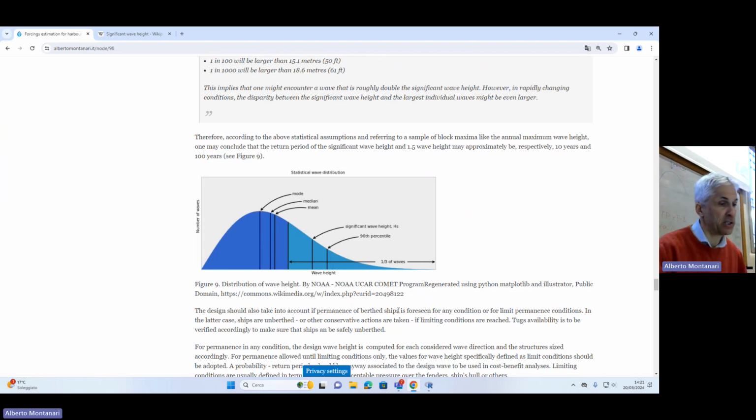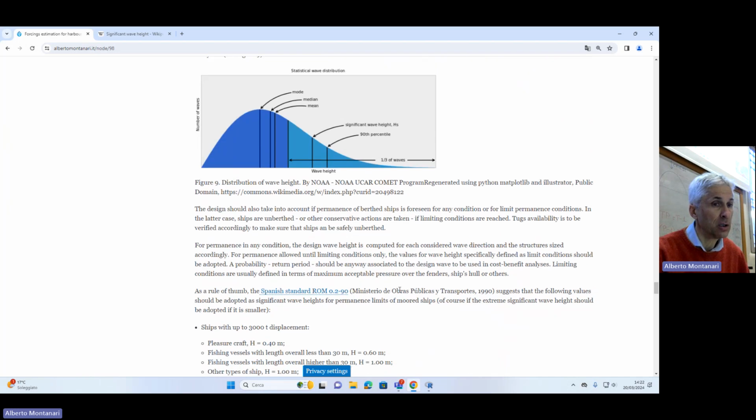Permanence in any condition or permanence only in quiet conditions. Keep in mind that the design wave height is to be computed for any possible wave direction. And this is a complication of waves. When you talk about other variables like rainfall, rainfall doesn't have a direction, it's only the vertical direction.